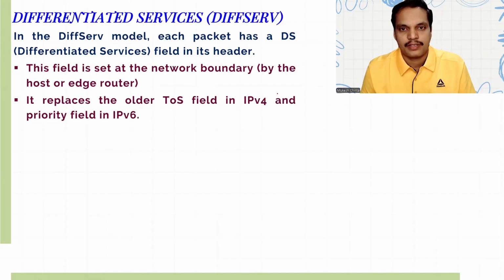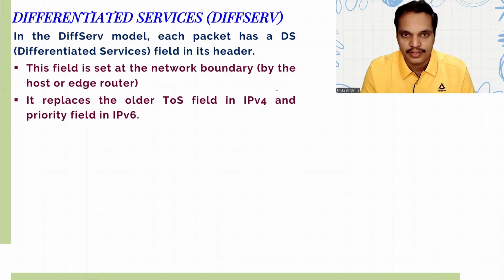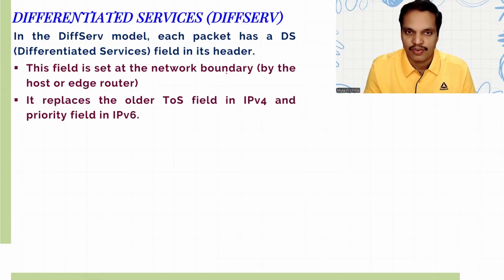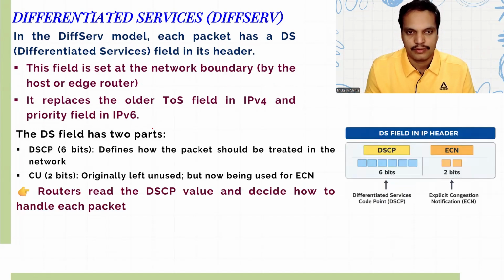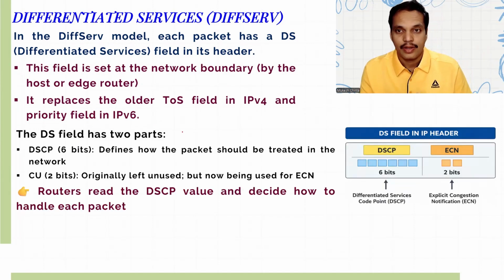Now, for this purpose, if you remember the header formats of IPv4 and IPv6, we have a field called the differentiated service field. This field is set at the network boundary by the host or the edge router. It replaces the older TOS field in IPv4 and the priority field in IPv6. As I discussed earlier, this DS field has two parts.